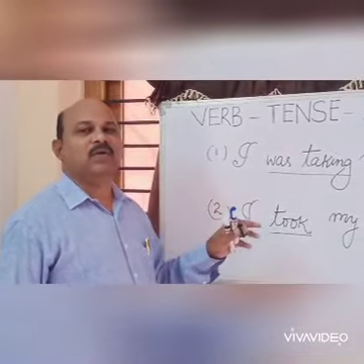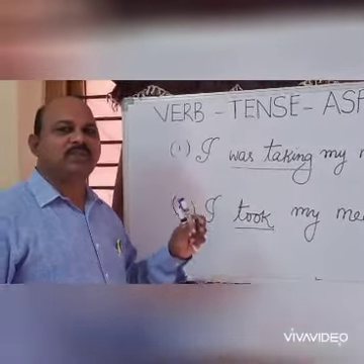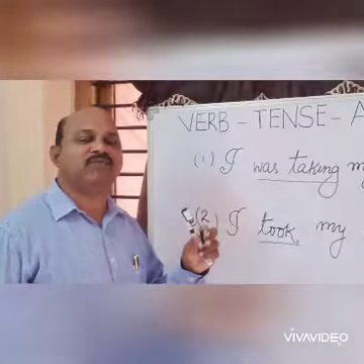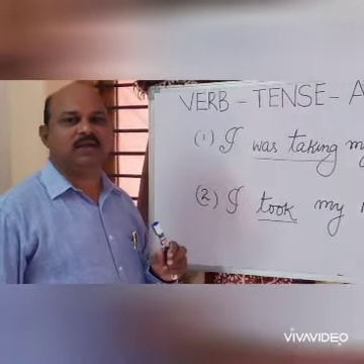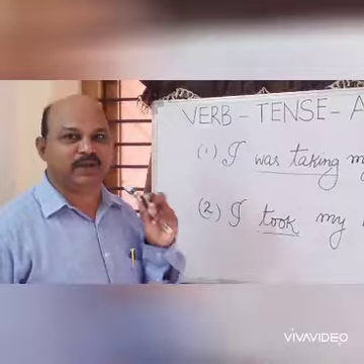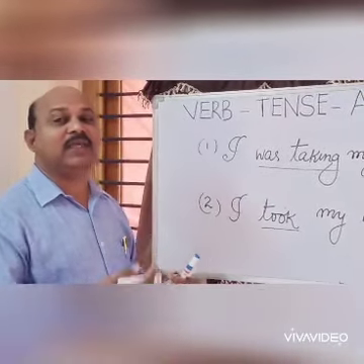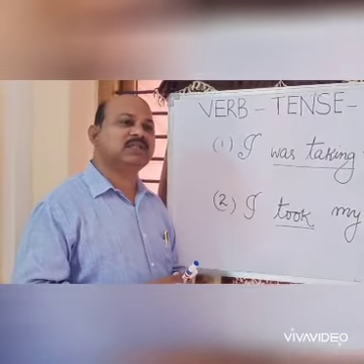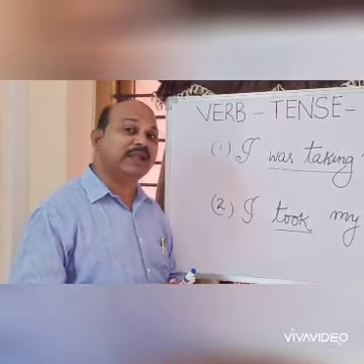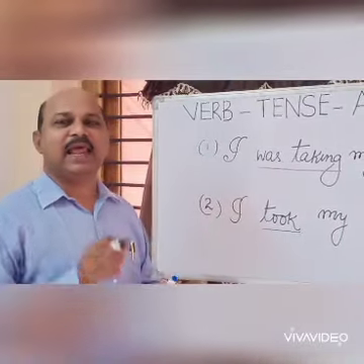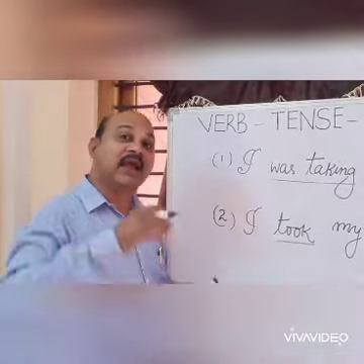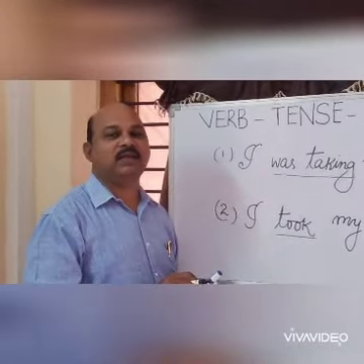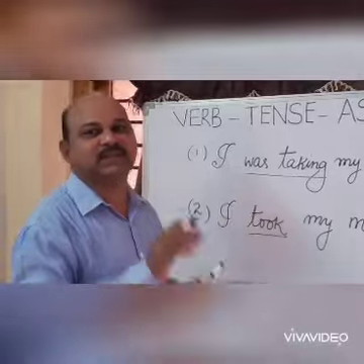Okay. Now, when a verb tells about the time of an action or the time of the state of being, that means when it happens, then it is called tense. If that verb also indicates whether an action is a continuing one or a completed one, then that is called the aspect.